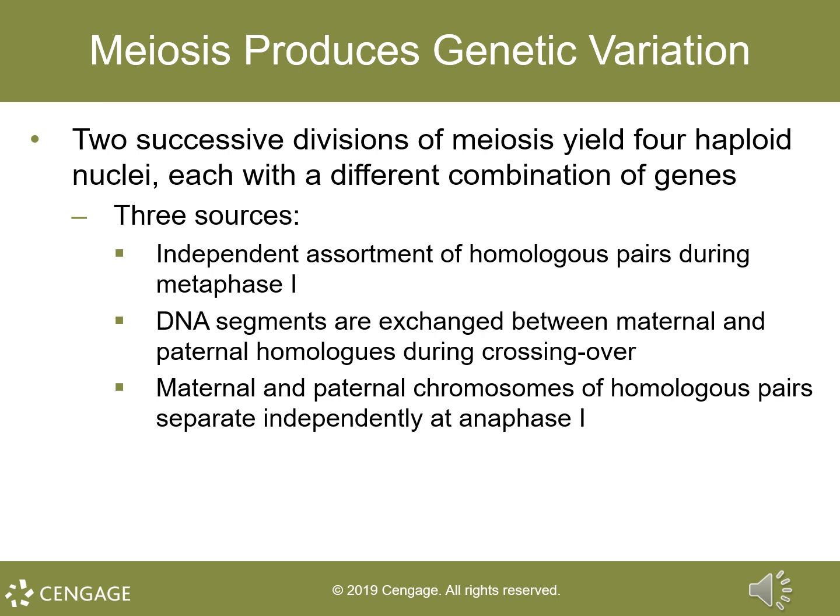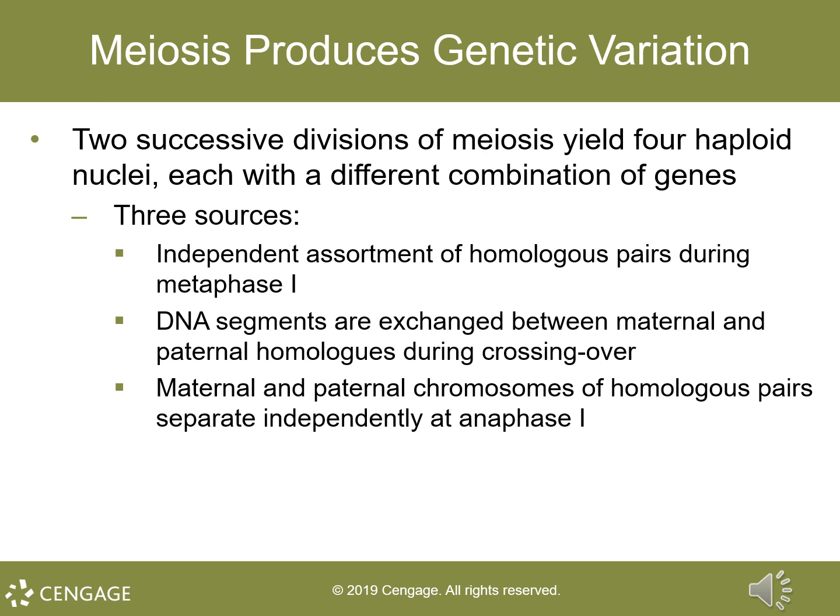If I'm going to flip that coin 3 times, now I'm looking at 1/2 times 1/2 times 1/2. So now I'm at 1/8. I've got 8 different ways that I could have these things line up. And so we've got a lot of variety just from those homologous pairs lining up in a particular fashion during metaphase 1.